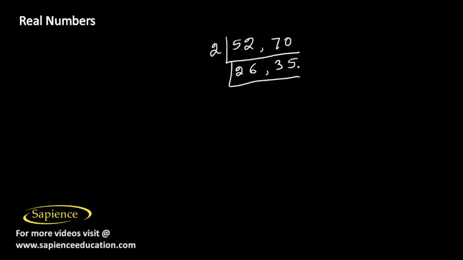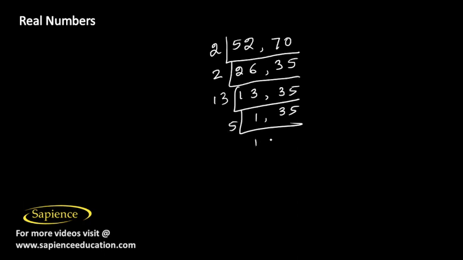Now the number that is commonly divisible for both of them, there is no such number. So let us divide them individually. 26 can be divided by 2, we'll get 13, and 35 will remain the same. Now dividing by 13 we'll get 1 and 35. 35 is divisible by 5, 1 comma 7, and 7 will give us 1.